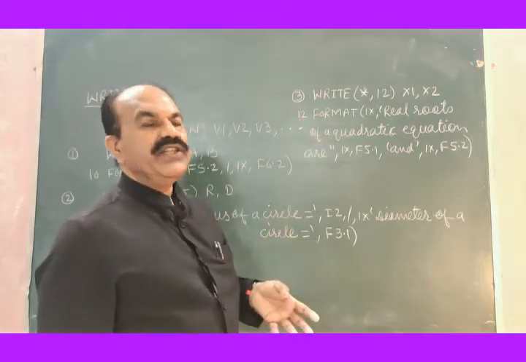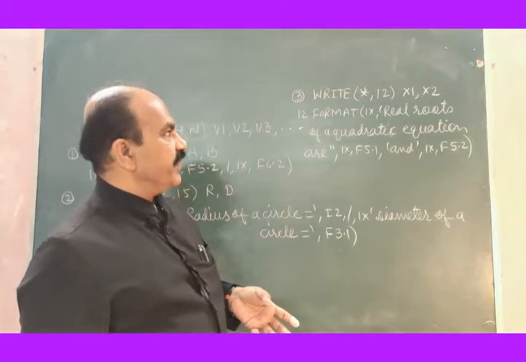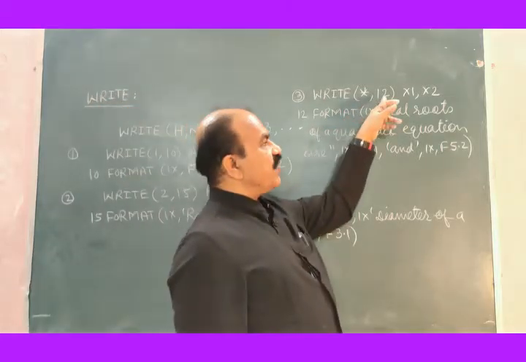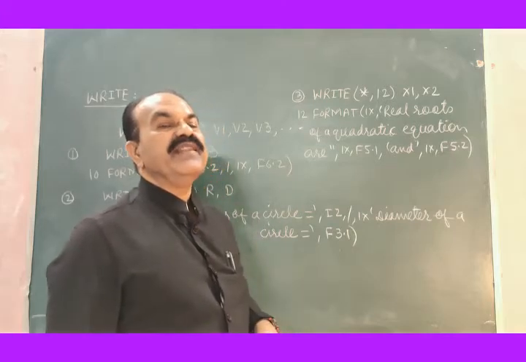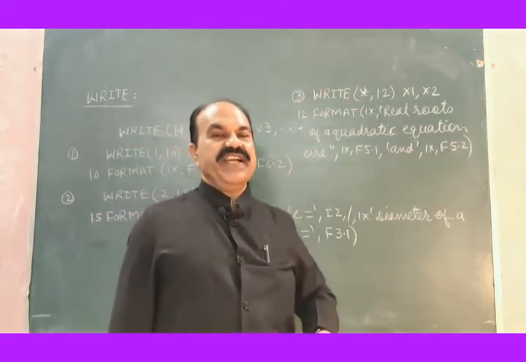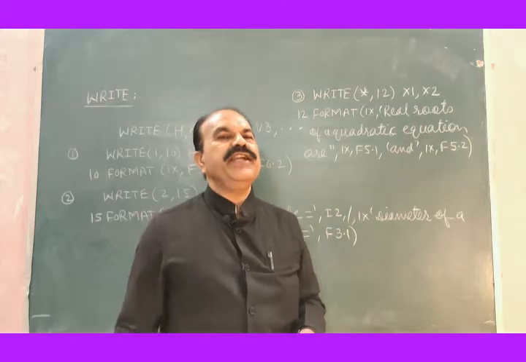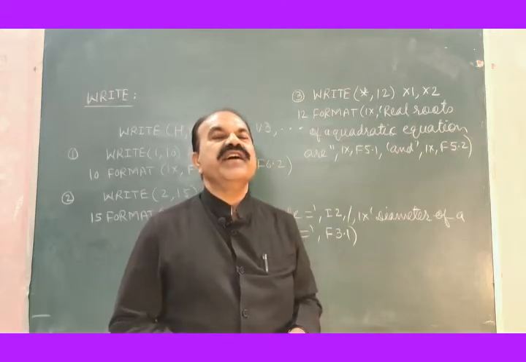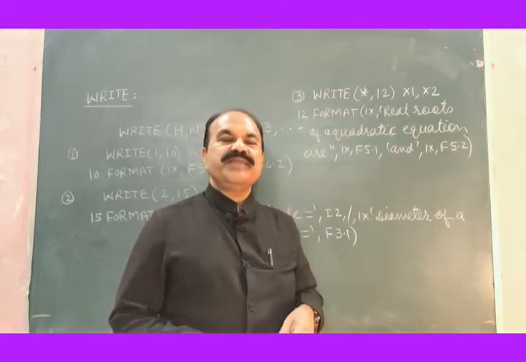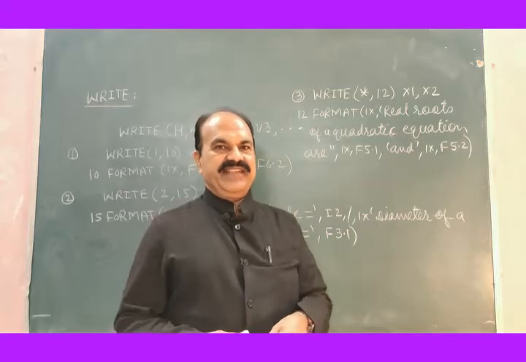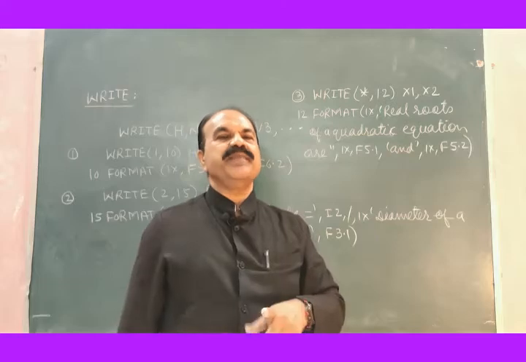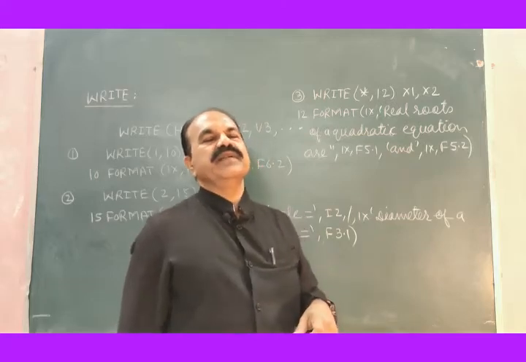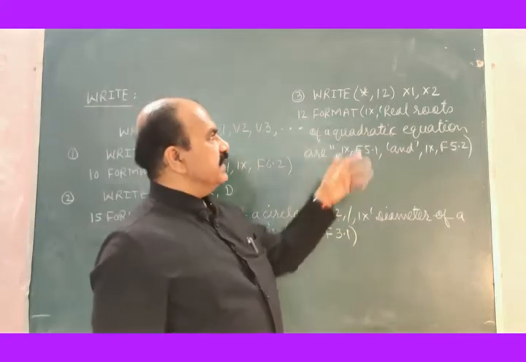And the third example, write asterisk comma 12. Meaning of asterisk, the default output device. Generally the default output device is the video display unit, the screen, the monitor of the computer.